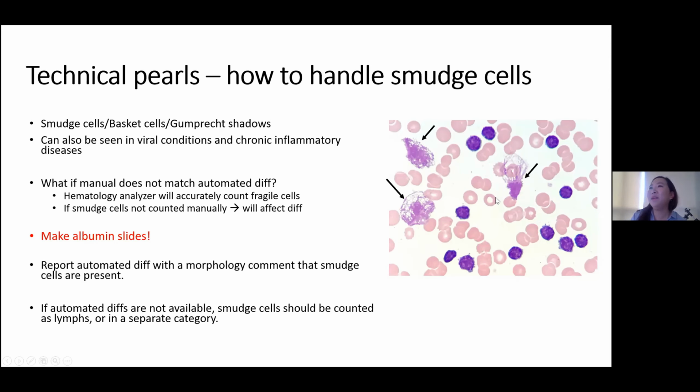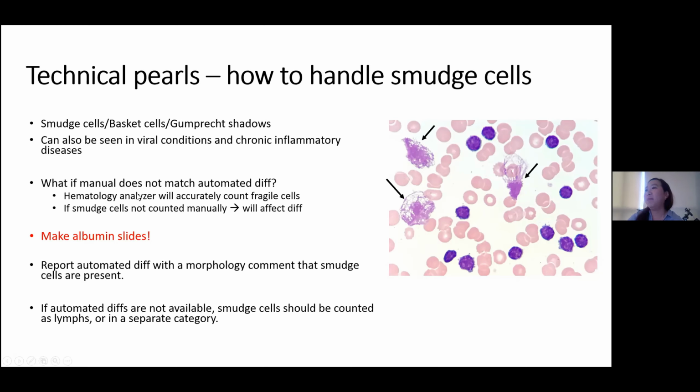So as a tech, how do we deal with smudge cells? Often it can present a problem with your manual diff, and it can make it discrepant with the automated diff. The thing is, your hematology analyzer will accurately count fragile cells, so it doesn't look like this in the body.